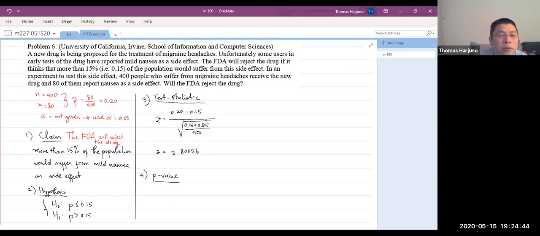Let me draw it first, just to make sure that I get it right. Z equals 0 here, Z equals 2.80056, and I need the tail area to the right, the right tail area.